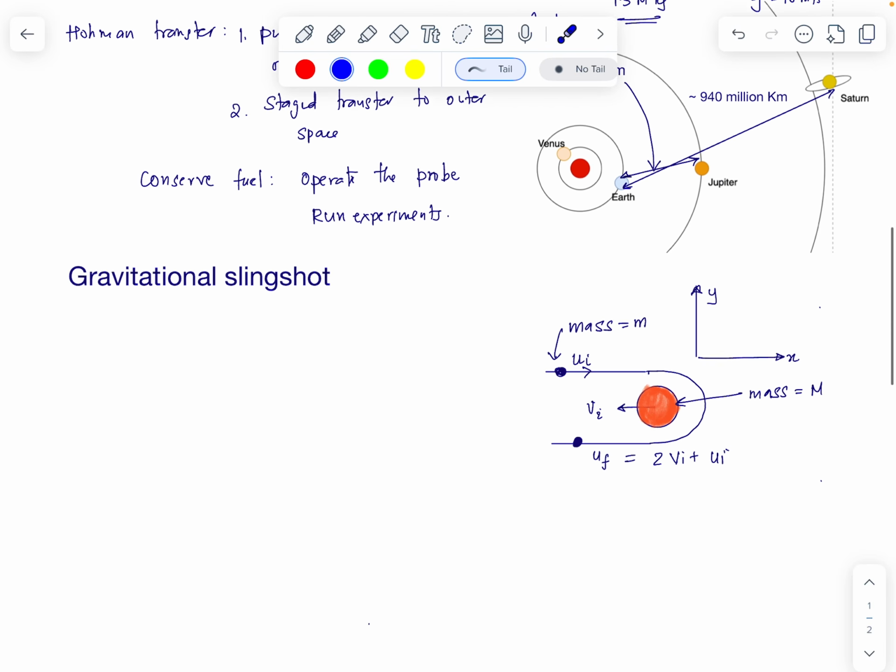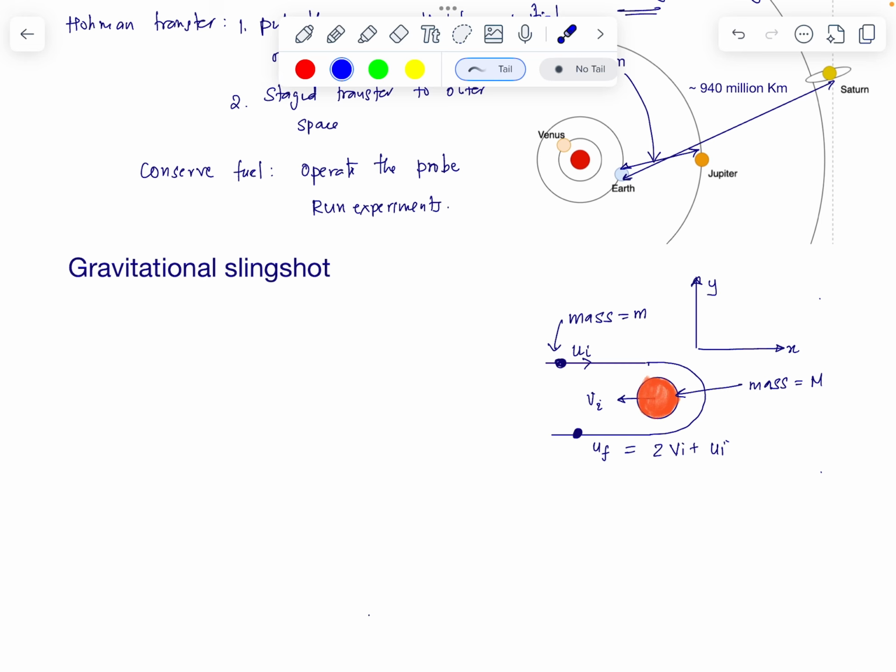Now the thing is that Jupiter and Saturn both have very complex systems of moons and rings. So these moons can also be used to slow down the spacecraft. The gravitational interaction between these moons and the spacecraft can be used to slow it down as it descends into the appropriate trajectory.